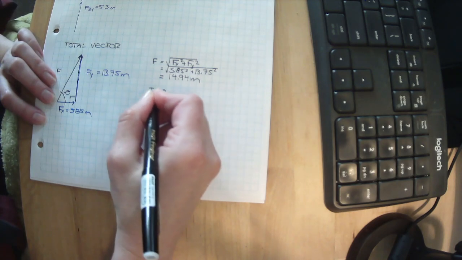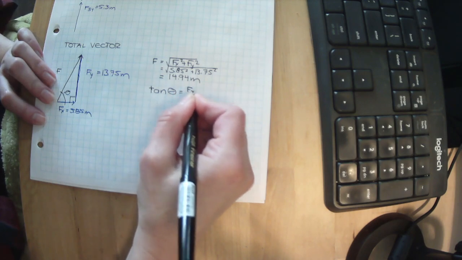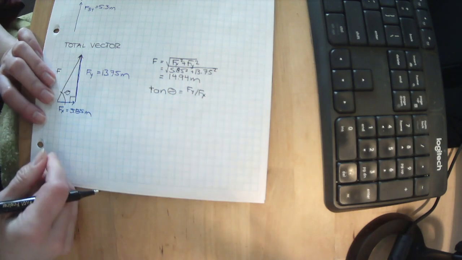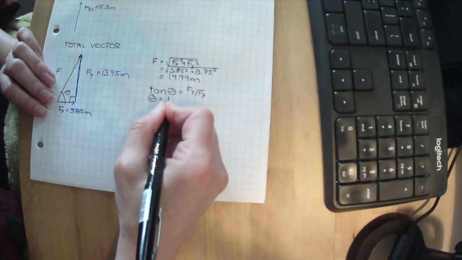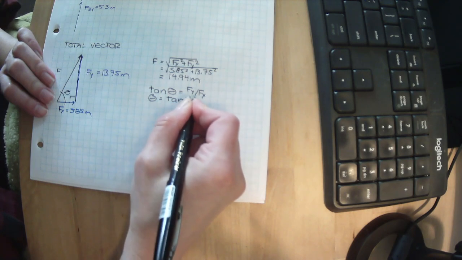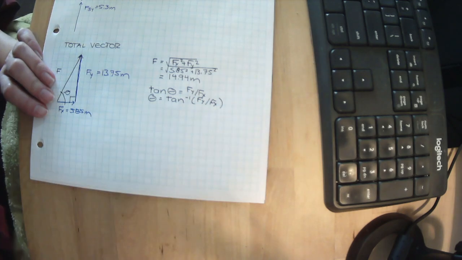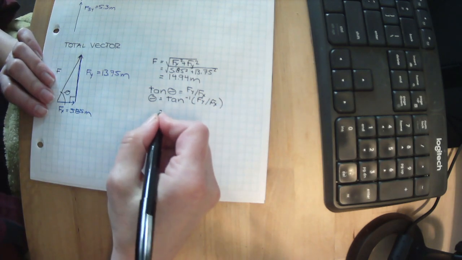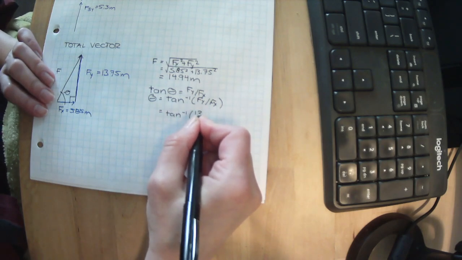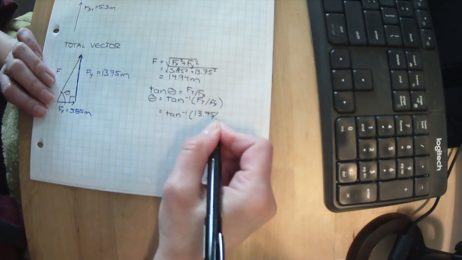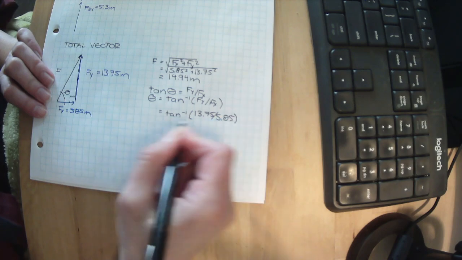And its angle, we have opposite over adjacent, which is tangent. So tangent of the angle equals opposite over adjacent. We want to know what the angle is, so we need the inverse tangent. So our angle equals tan inverse of Fy, which is 13.75, over our adjacent side, Fx, or 5.85.